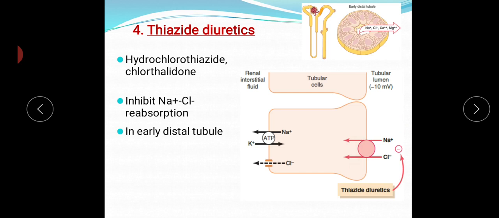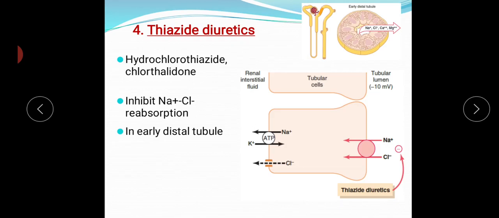But these thiazide diuretics like hydrochlorothiazide and chlorthalidone will inhibit this pump, and by that they will prevent the reabsorption of sodium as well as chloride. So it will again increase the osmolarity of the distal tubules, and that will secondarily prevent the water reabsorption.